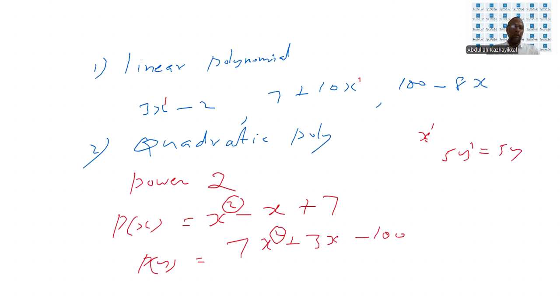Now the third one, please all of you write. Cubic polynomial, a 3-dimensional polynomial. That means the power of the variable is 3.